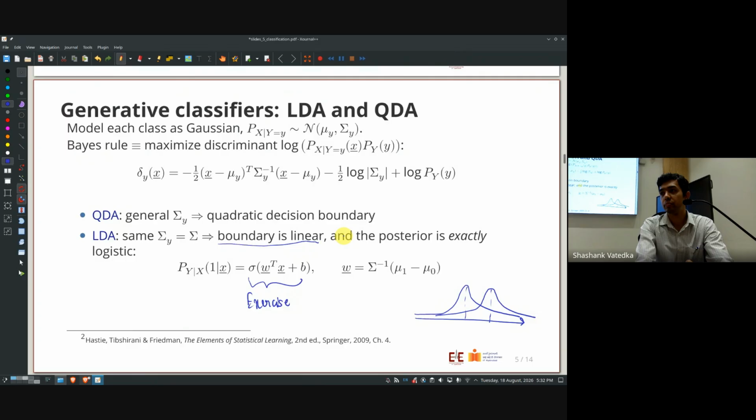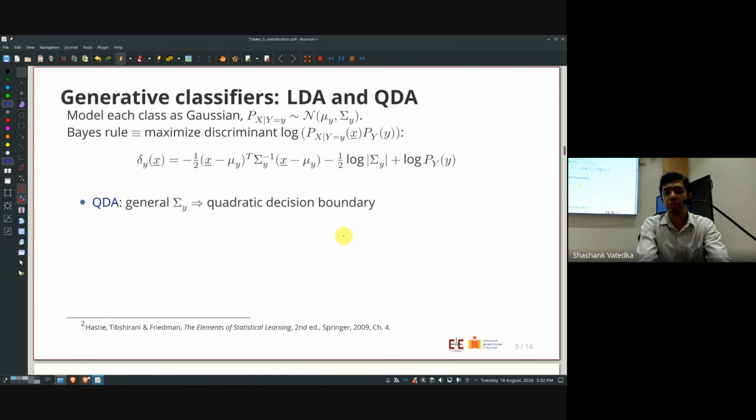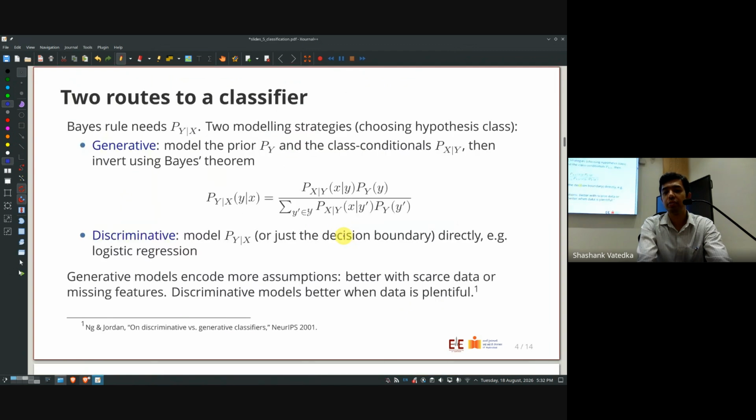So basically, in the generative model, you're trying to fit distributions for p(y) and p(x given y). Effectively, you want to build a model that tries to estimate p(x given y) and estimate p(y).